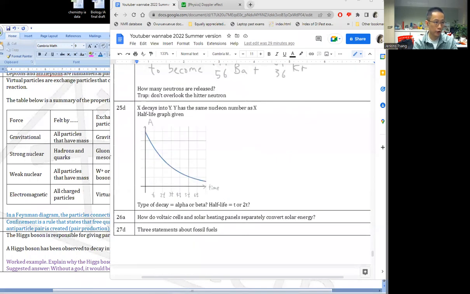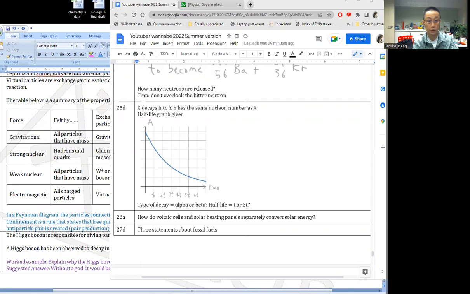Now, question 25. A radioactive nucleus decays into a different nucleus, and the question says that the two nuclei have the same nucleon number. You first have to distinguish whether this is an alpha or beta decay. Hopefully it's super obvious that this is a beta decay, because during an alpha decay there is a decrease in nucleon number by 4, as a collection of 2 protons and 2 neutrons are emitted.